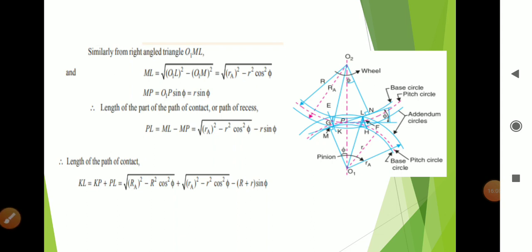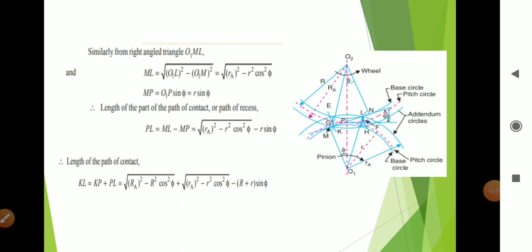Put the value of KP: under root capital RA square minus capital R square cos square phi, plus capital R into sin phi. And the value of PL is under root small ra square minus small r square cos square phi, minus small r into sin phi.